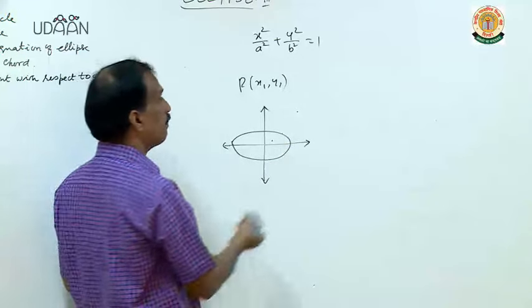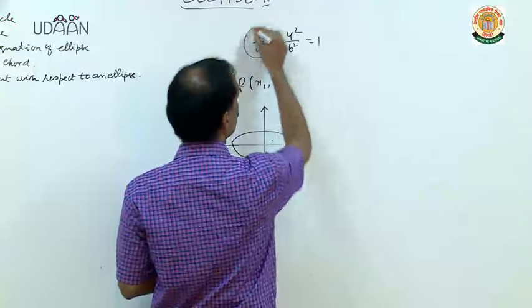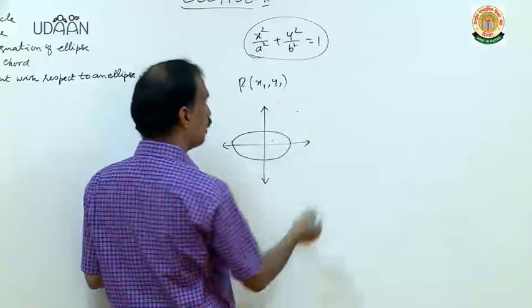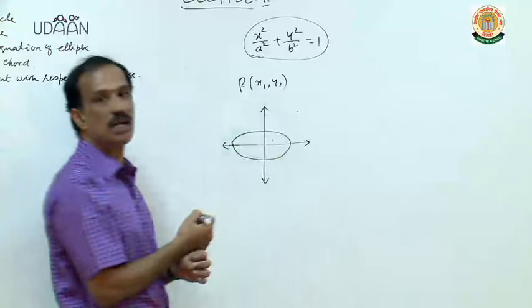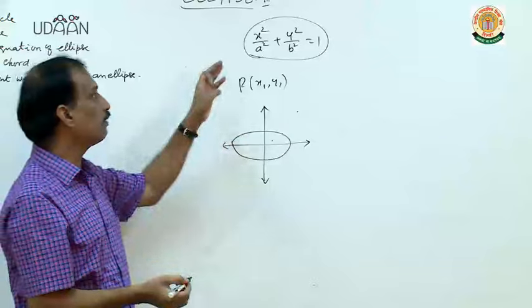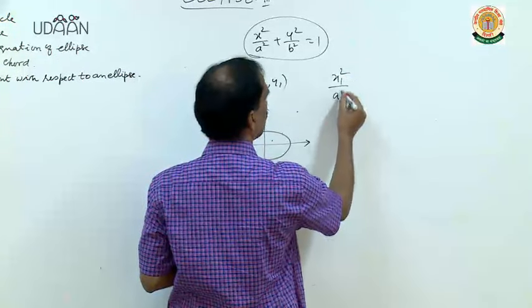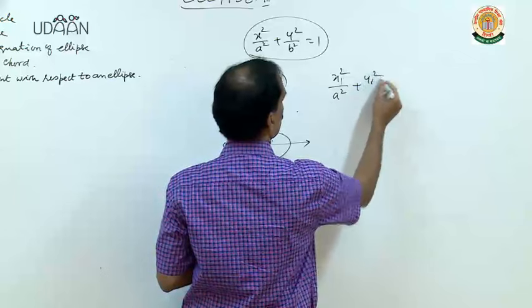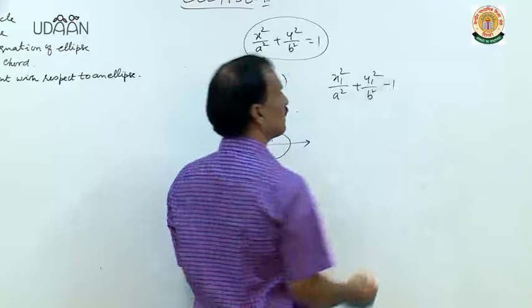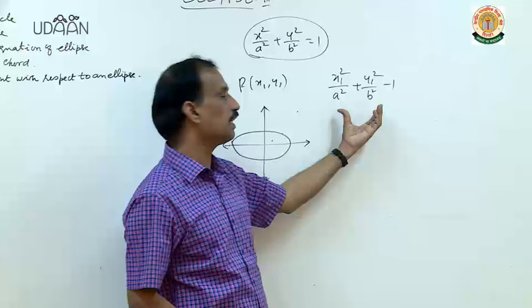How do we check this? This is the equation of the ellipse. Now what you will do, you replace x with x1, y with y1, and you get x1 square by a square plus y1 square by b square minus 1. This is an expression we get.